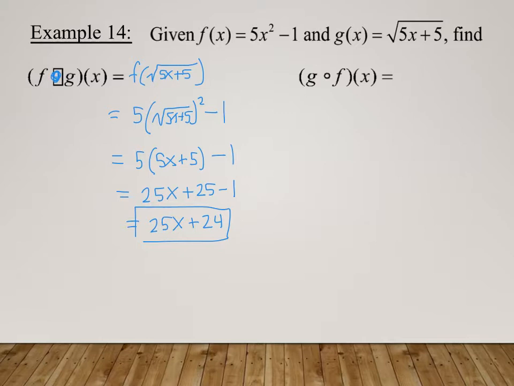So again, I'm going to do g of 5x squared minus 1. So we're going to put that into the square root function. So we get g of f of x, actually, right?